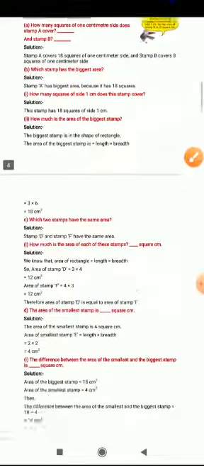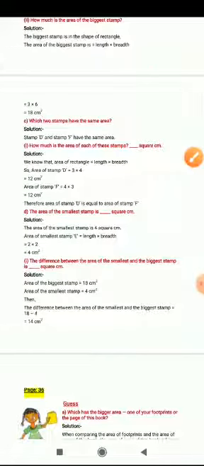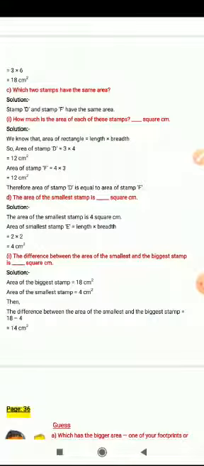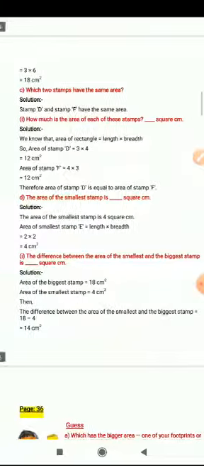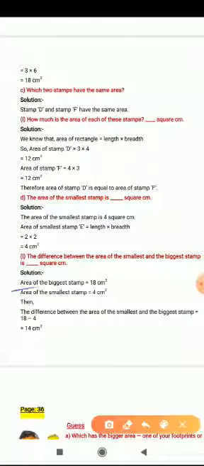Now let's move forward. The difference between the area of the smallest and the biggest stamp is dash square centimeter. Now difference means we have to subtract the smaller area from the bigger area. We know that the area of the biggest stamp, that is A, is 18 centimeter square, and the area of the smallest stamp, that is E, is 4 centimeter square.